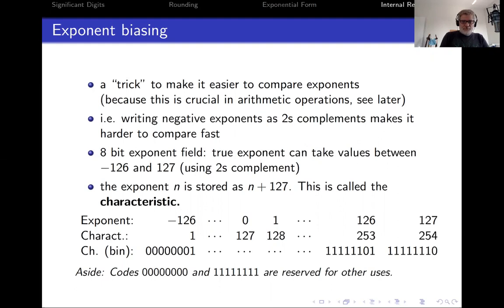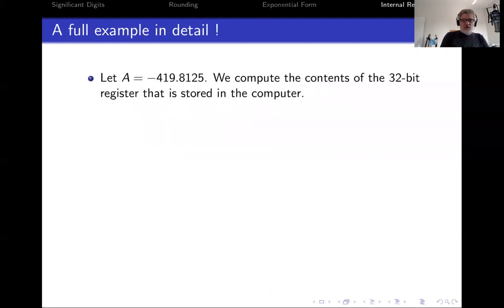Okay. All right. So to illustrate this whole thing, I'm going to do an example. You'll see this is not hard. Okay, there's just lots of little itty bitty things all over the place. Okay, so the number A that I have is minus 419.8125.